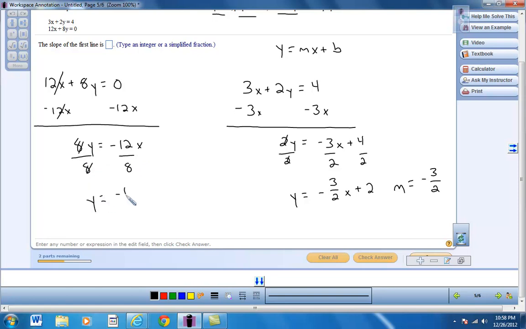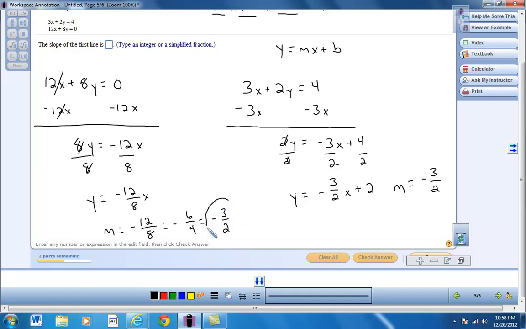Y equals negative 12 over 8x. So here we see our m is negative 12 over 8. But that can be reduced to negative 6 over 4, which could even be further reduced to negative 3 over 2.